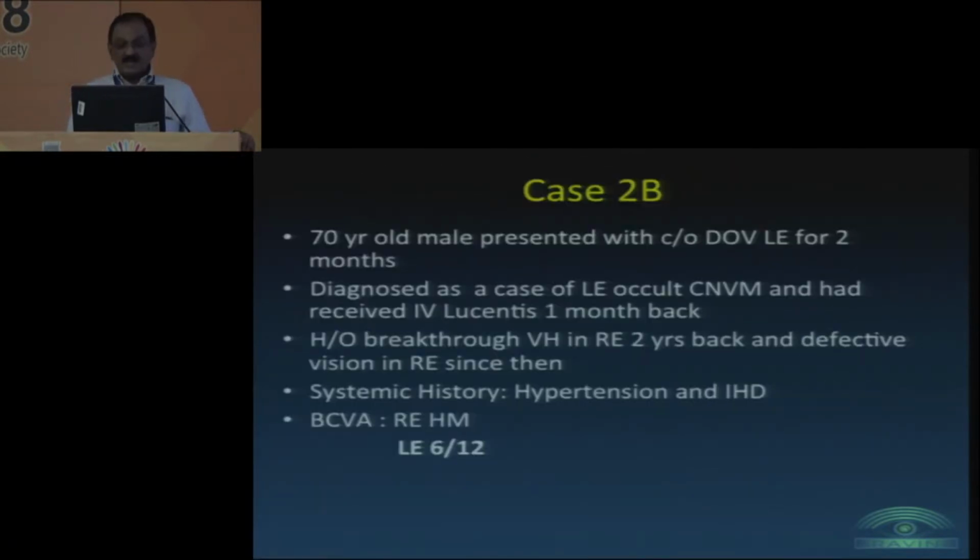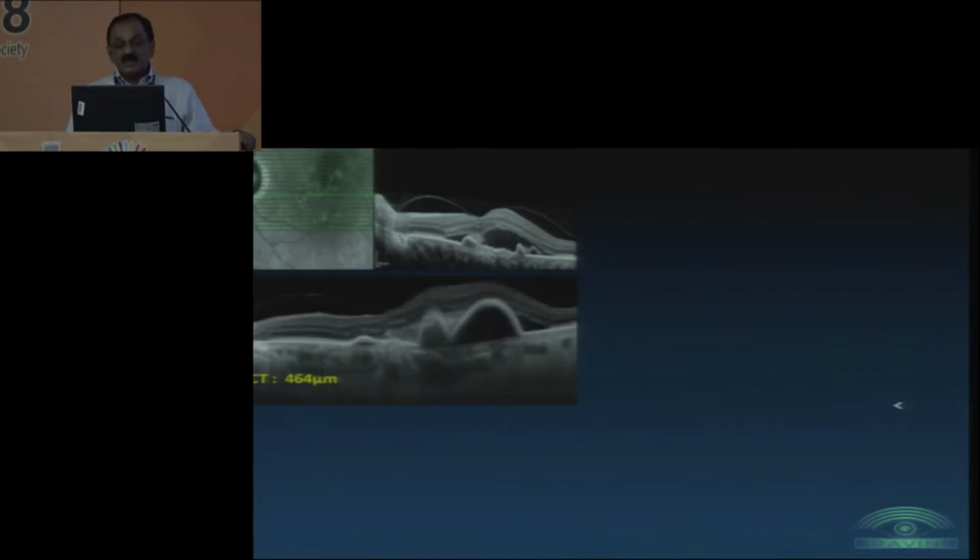This is another case, again a 70-year-old male, one-eyed. He had a breakthrough hemorrhage in the right eye and had very poor vision in that eye. The left eye was 6/12. This is the left eye, presenting with again multiple PEDs and serous detachment, fibrinous exudate suggestive of PCV.